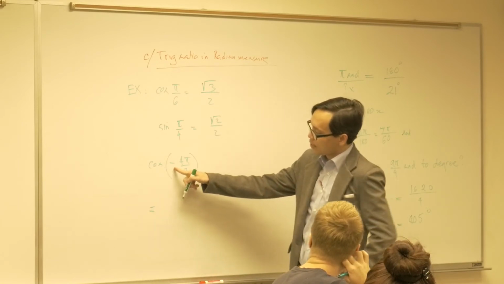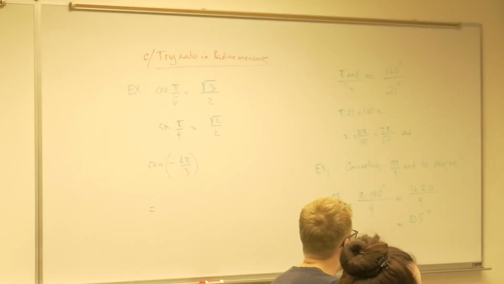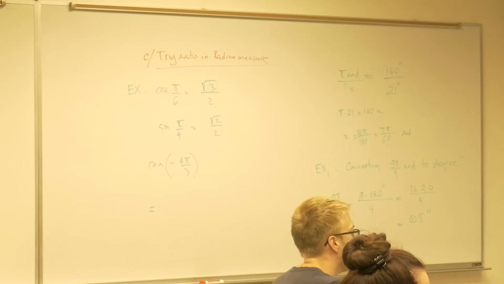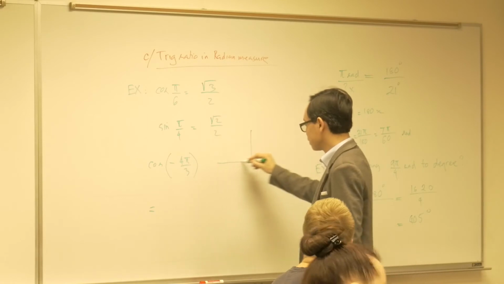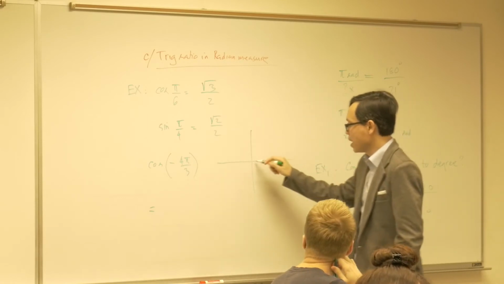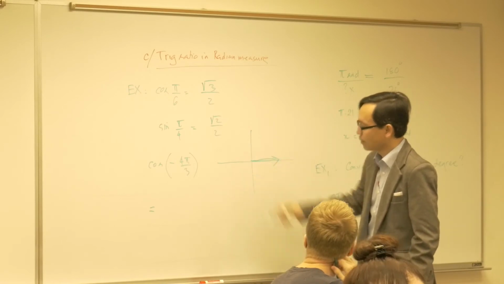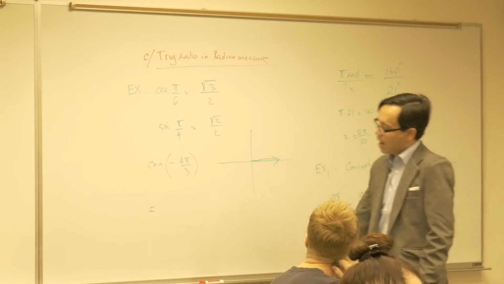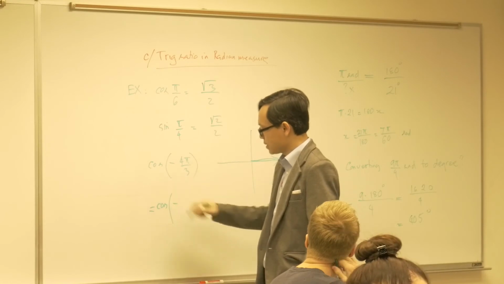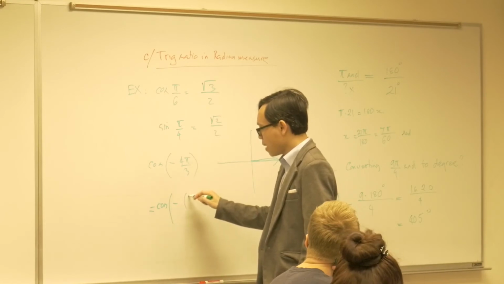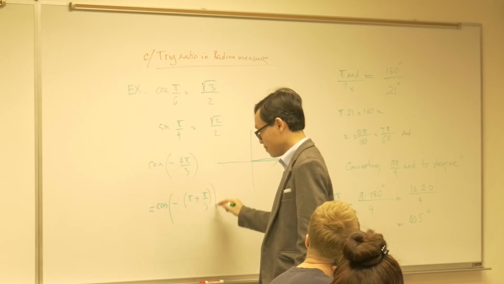Okay. So how do we do this? You know that this is a negative angle, and when it's a negative angle, do we go clockwise or counterclockwise? Clockwise. So we start from here, this is the initial side, and we go something like this. If you recognize 4 pi over 3, I can rewrite 4 pi over 3 as pi plus pi over 3, right?